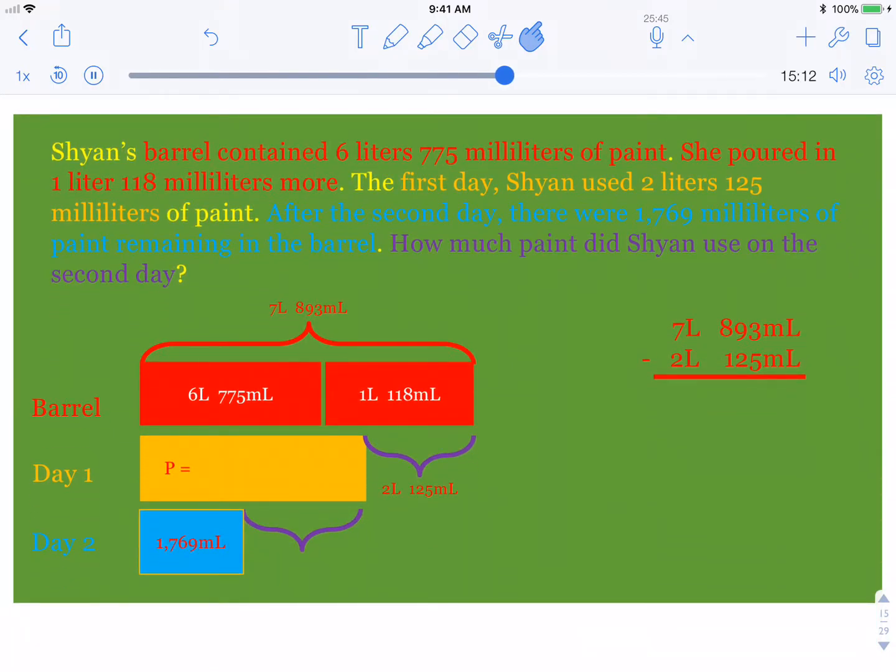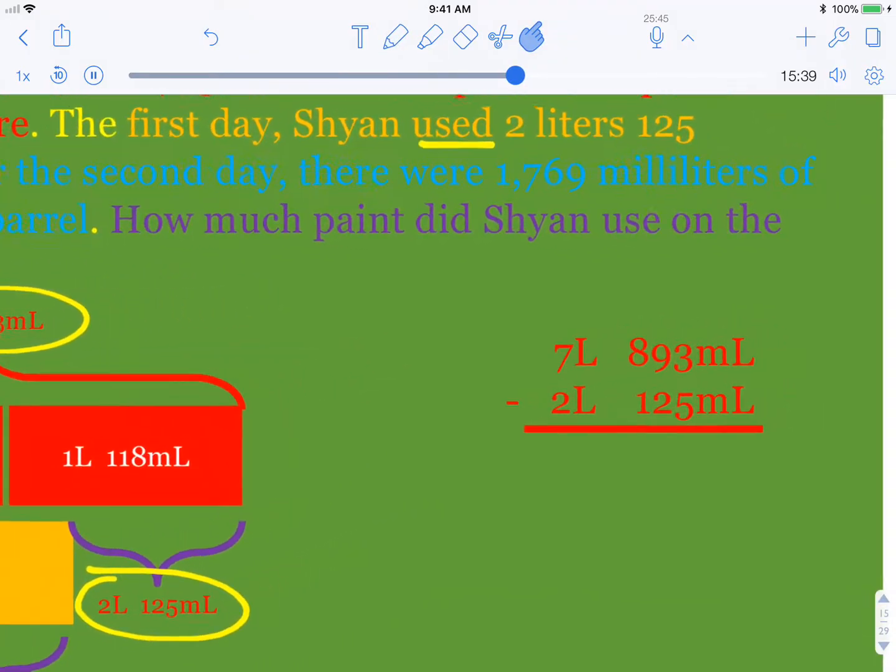Now, the first day, Cheyenne used 2 liters, 125 milliliters. When you use something, are you gaining it or losing it? You're losing it. So you have to subtract 2 liters, 125 milliliters from the amount of paint that she started with, because that's how much she used, okay?